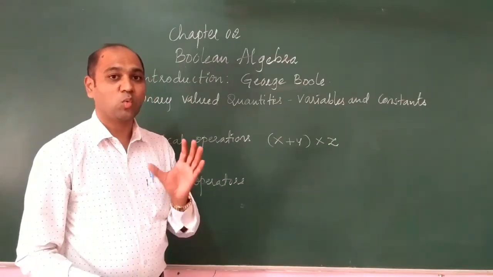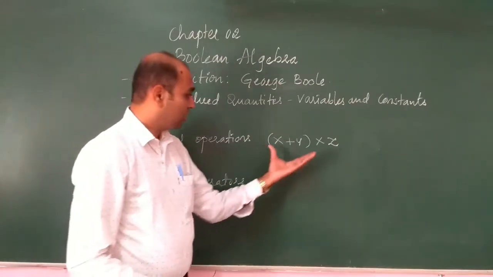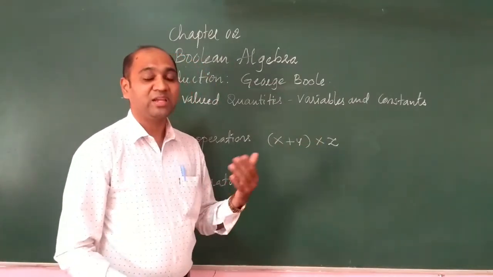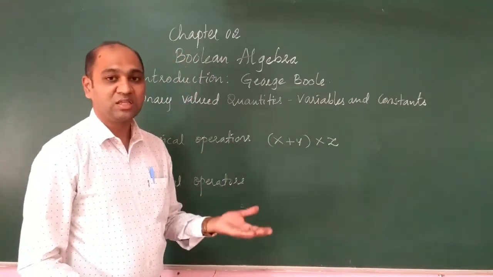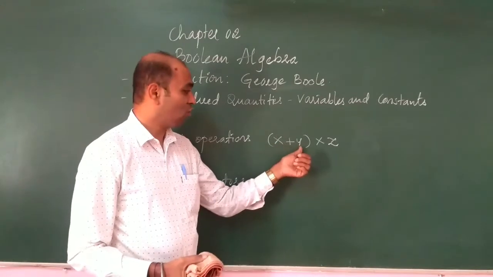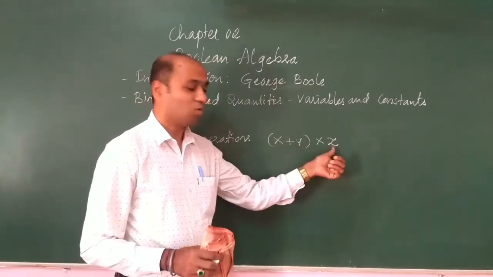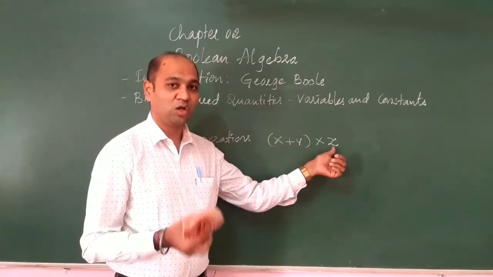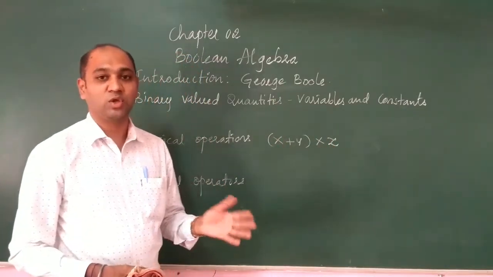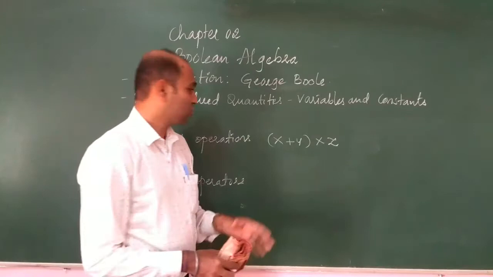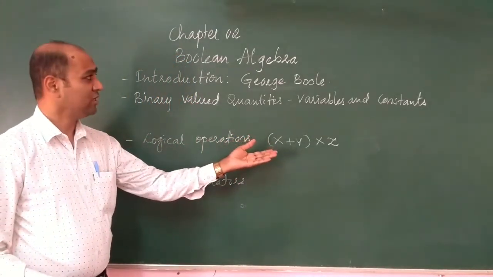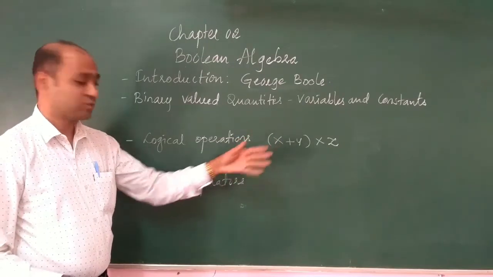Together it forms one expression. So this expression will hold only a binary quantity which results in either 0 or 1. X could hold either 0 or 1, y could hold either 0 or 1, even z could hold either 0 or 1. And the result of this expression is also either 0 or 1. Correct? Hence such operations are called Boolean algebraic expressions.